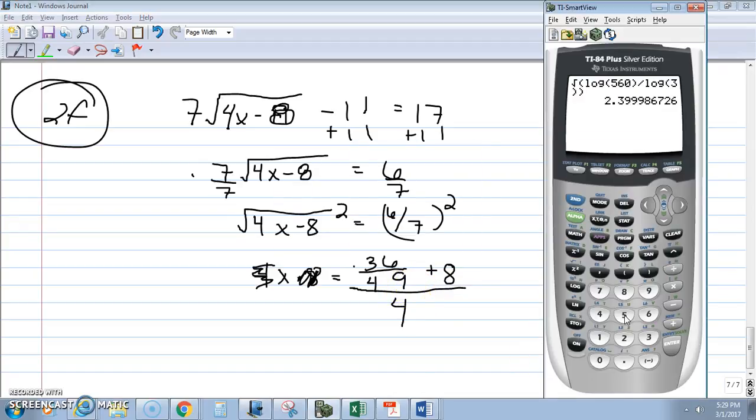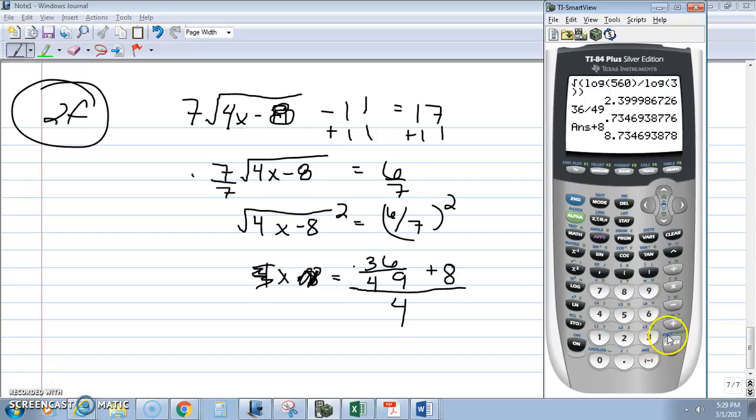Let's just make sure we can put it in the calculator correctly. Let's see if we can put this whole thing into the calculator. Or we could just do it one by one. We know we want to do the fraction first, but remember all of this is on the numerator. So I want to do the whole numerator. So 36 divided by 49. Enter. Plus 8. Enter.